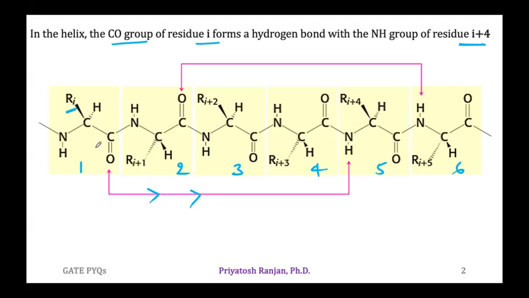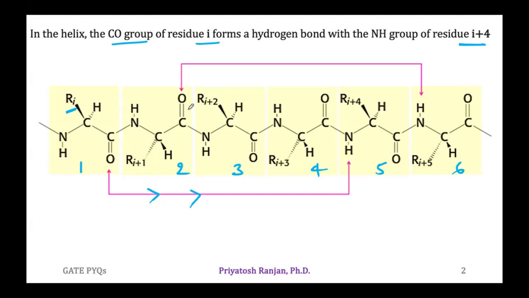So the first will form a hydrogen bond with the fifth amino acid residue located downstream. Same, the second will form with the residue four positions away from it. That means the second will form with the sixth.